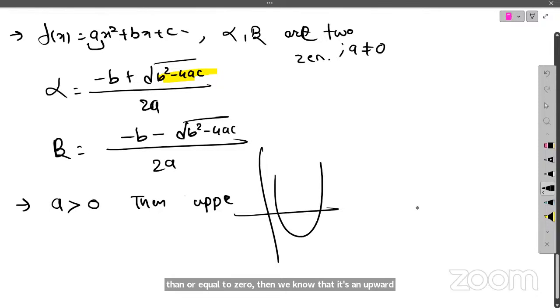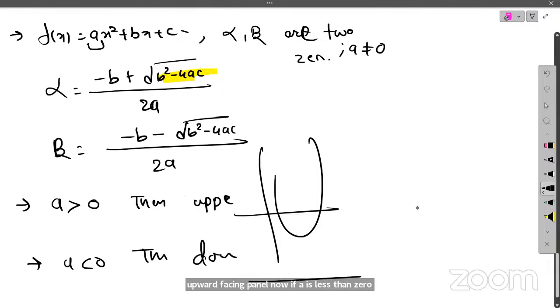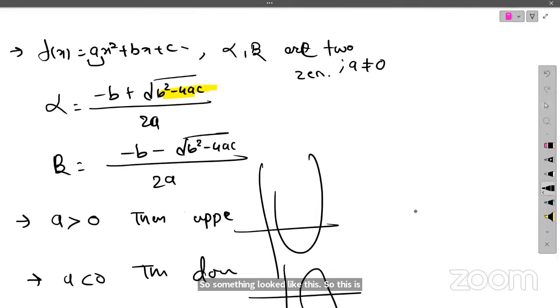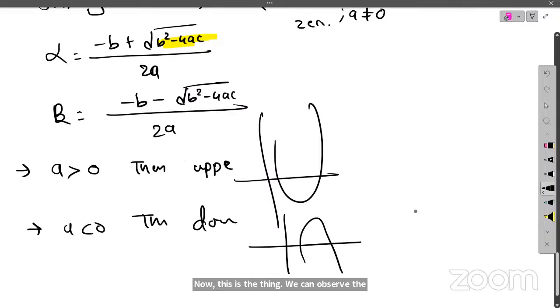It will look something like this. Now, if a is less than 0, then it is obviously a downward facing parabola, something like this. So we can observe the sign of a and judge whether it's an upward or downward parabola.